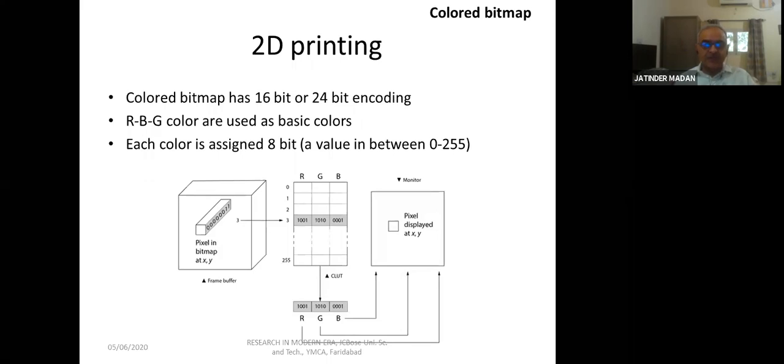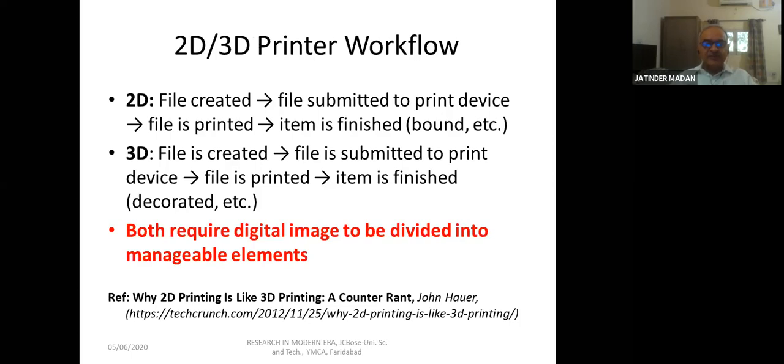Okay, so coming on to the 3D printer, moving towards the 3D printer from the 2D printer. In 2D printing, what do you do? You create a file, just like a Word file or some kind of PDF file. The file is submitted to the print device, and the file is printed.